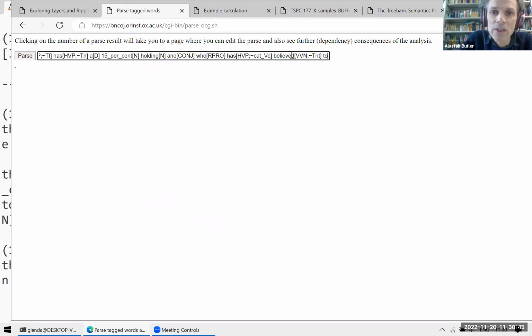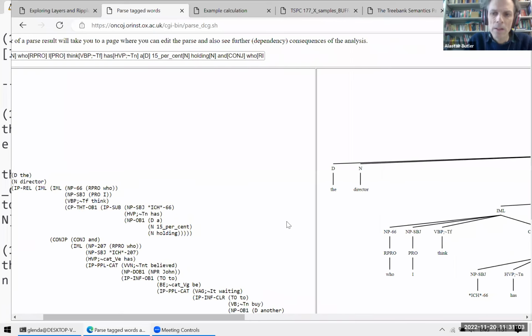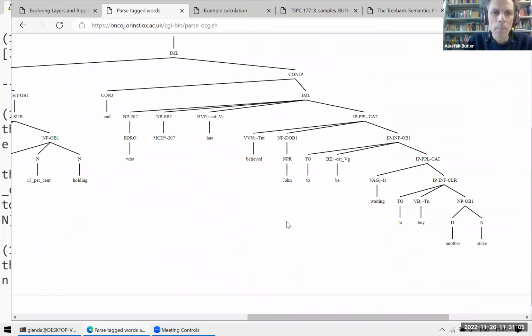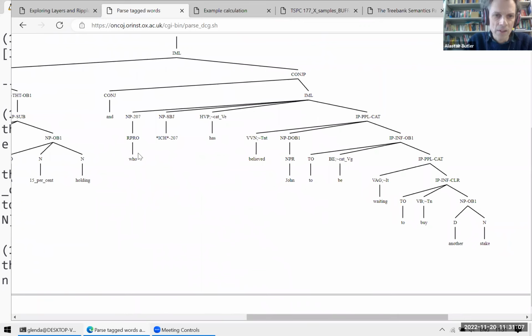So if I now stick in the derived object, which comes after believed, so if I say who has believed John to be blah blah blah, and I parse, then bingo, I get a parse back, because now this who is being interpreted as a subject, and I've got my derived object.